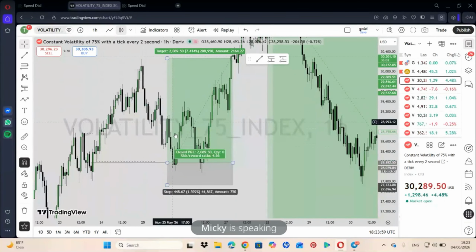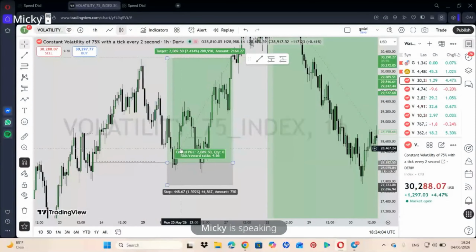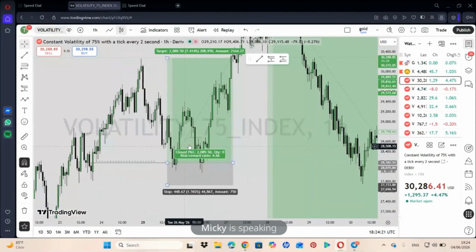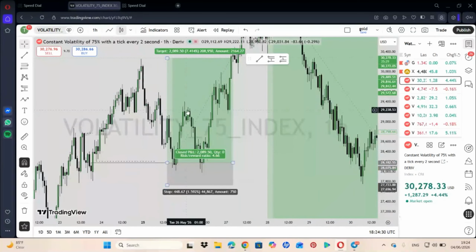With this kind of trade, most times I go down to the lower time frame to find my confirmation, but I'm not going to show you that, because there's a lot I have to take you through before you'll be able to go down to your lower time frame, and there's a clean confirmation here. So when price got here, price started buying, and then price came back to entry.